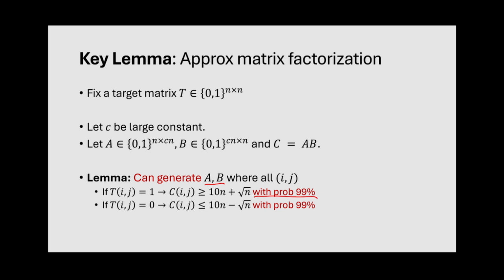So in expectation, this is going to be wrong on 1%. So that's now our goal. So if T is 1 on this entry, C must be big on this entry with 99%, and vice versa.